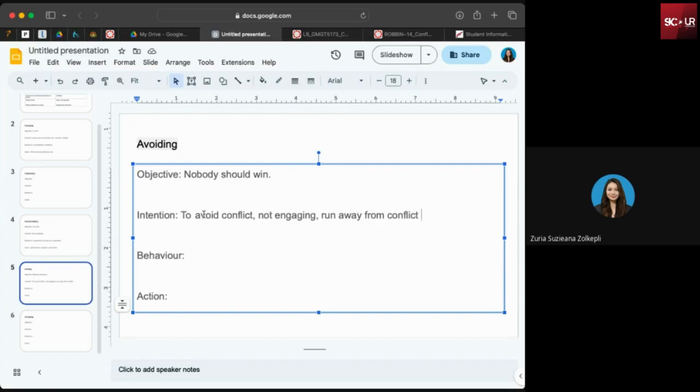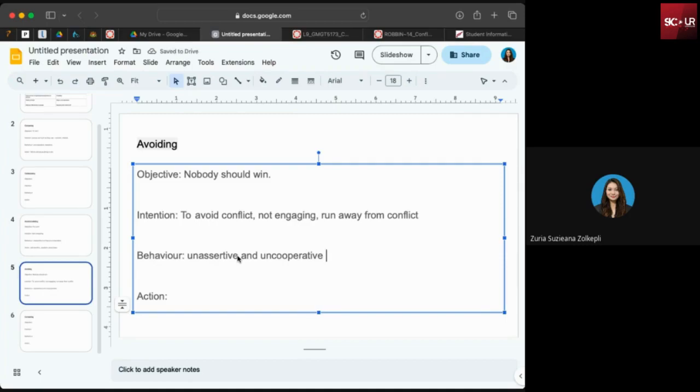Exactly. So here the behavior, I'm sorry to say, is very unassertive and also uncooperative. Even more so. It's a loser behavior, coward type.